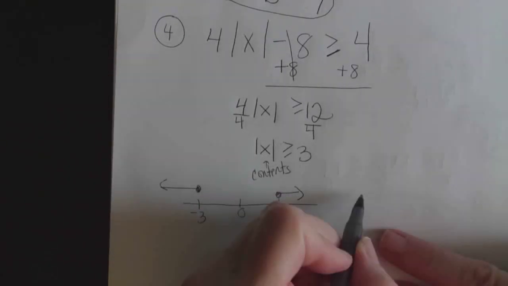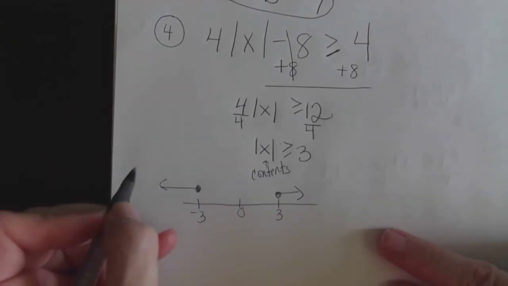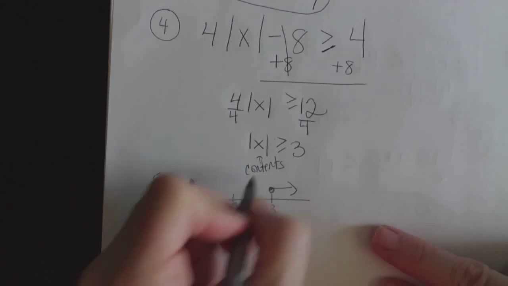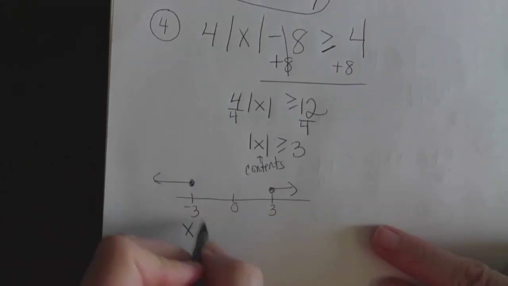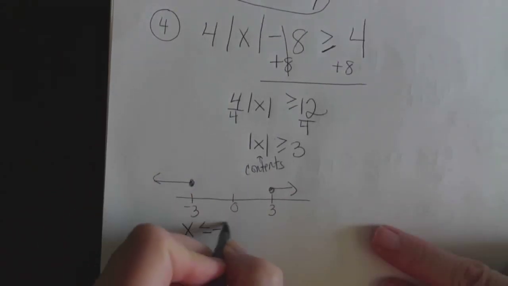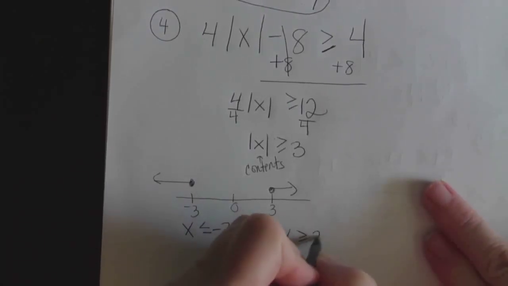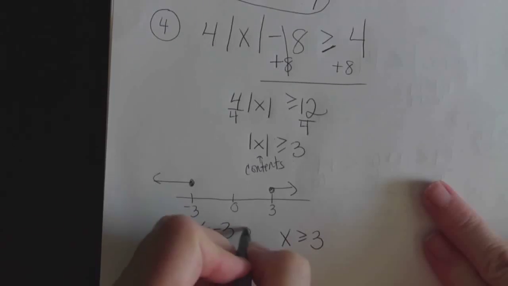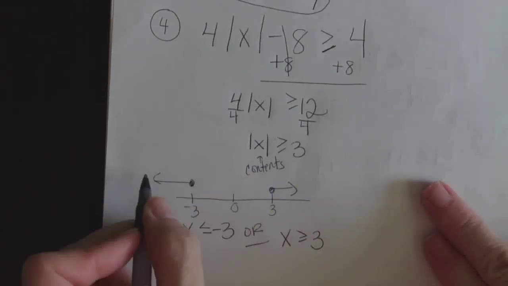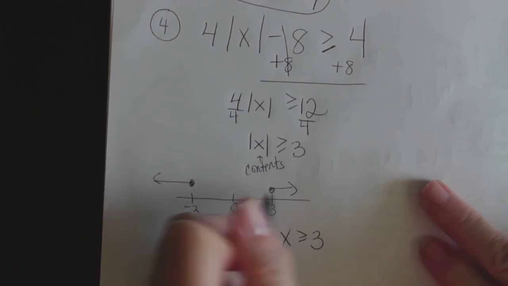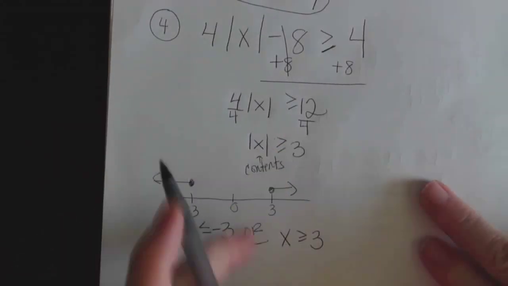3 or more away, greater than 3. None of the numbers in here are more than 3 away. I've got to exceed it on the right and exceed it on the left. So my final answer is that the contents x has to go beneath or equal to -3, or the contents must go above or equal to +3.